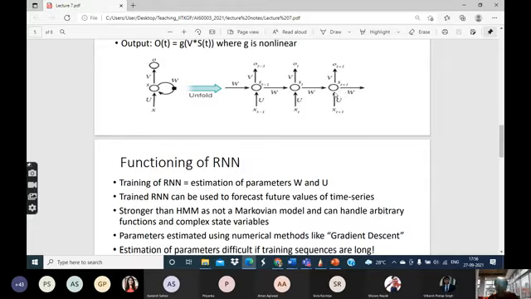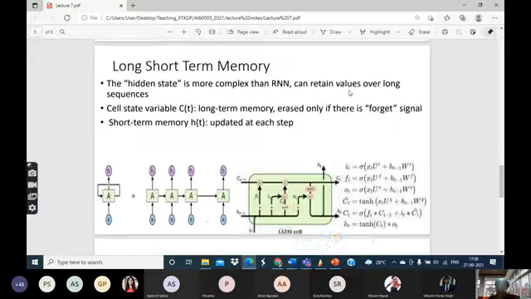That means, if you are going for a long time series, then the initial values of that state variable, maybe at t equal to 2 or t equal to 5, will be completely overwritten by the time we reach say t equal to 50 or something like that. We will not be able to retrieve those because they have been overwritten and changed so many times in between.